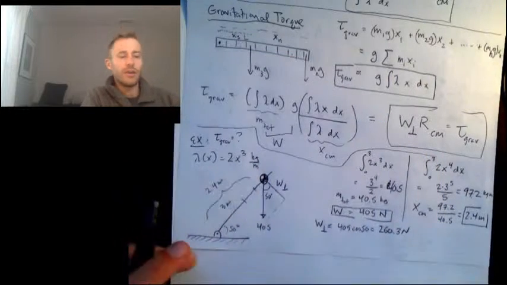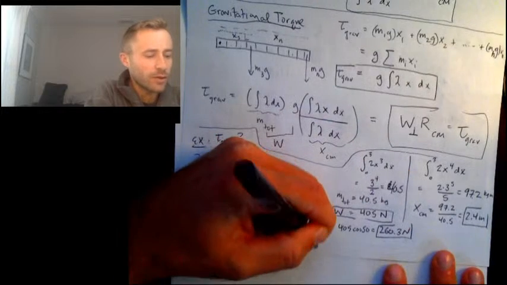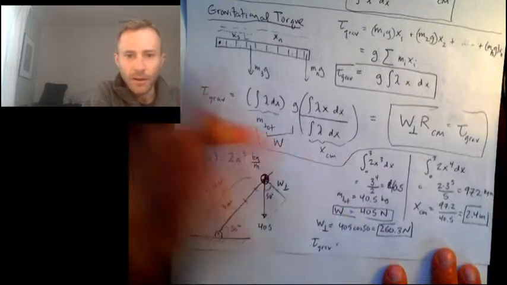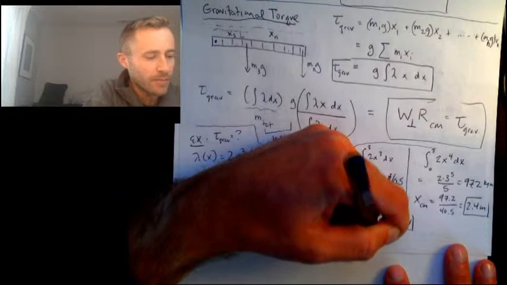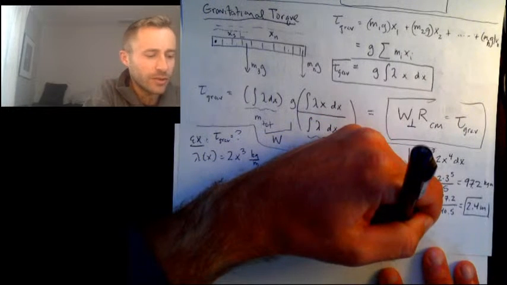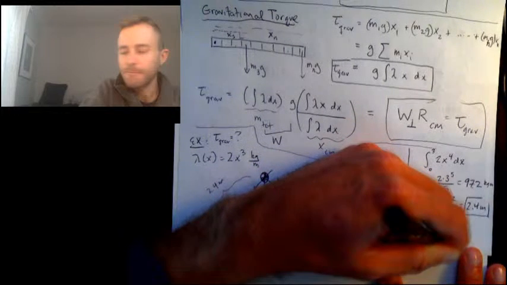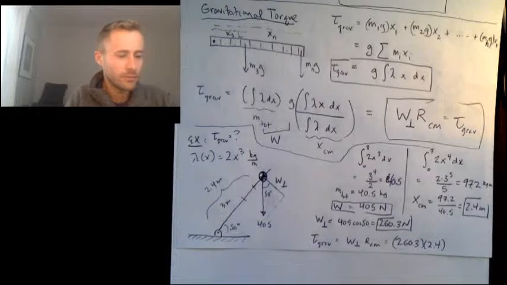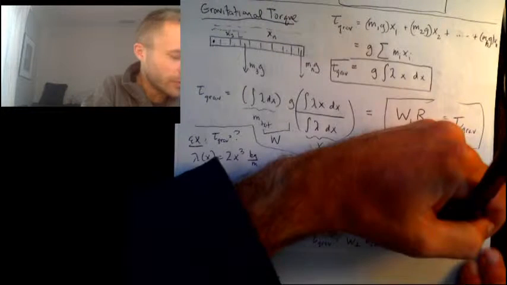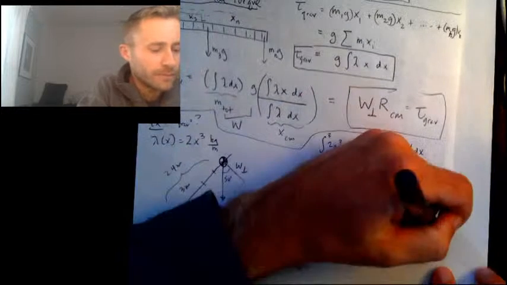Then I can figure out the gravitational torque, which is weight perp times RCM. That's 260.3 times 2.4, which is 625 newton meters.